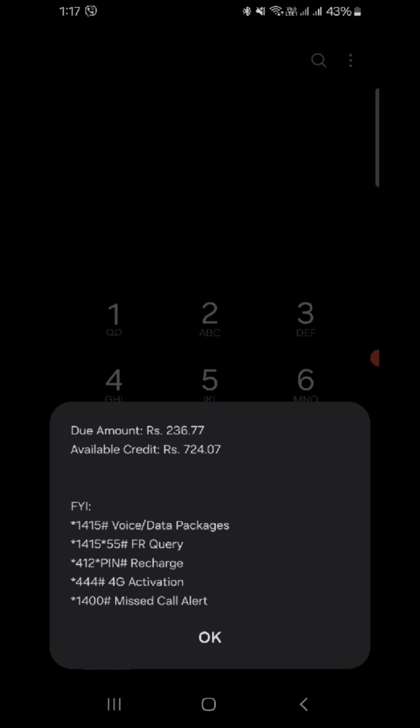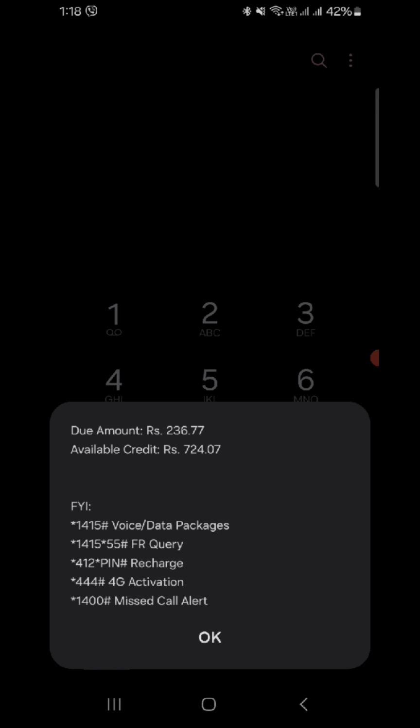For some it may not be 0, because the bill cycle is from the 15th to the 14th of the next month. If you have used it again on the 15th, that one day's due amount will be displayed here.